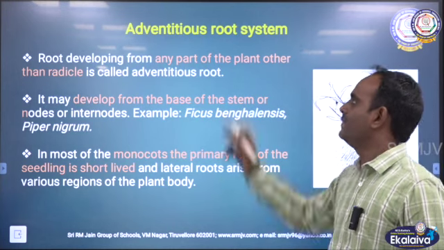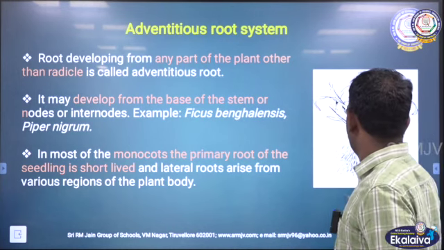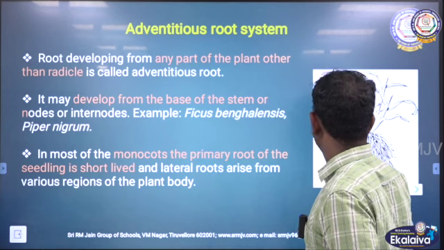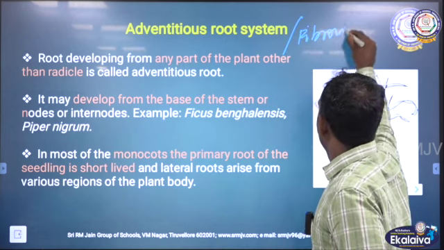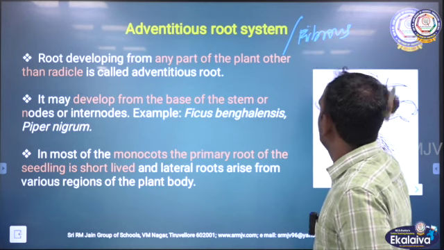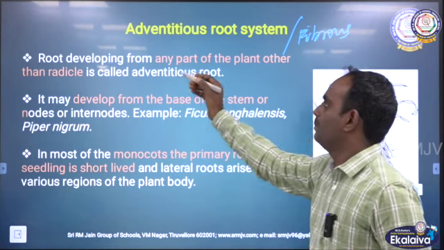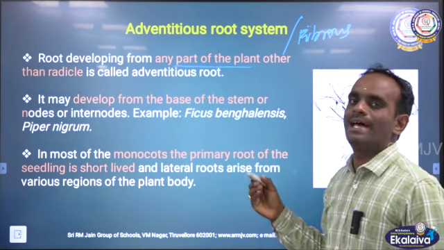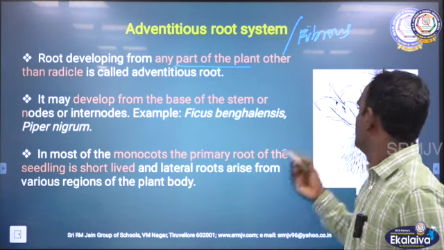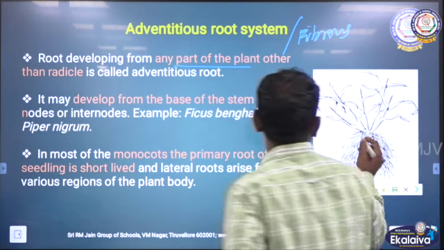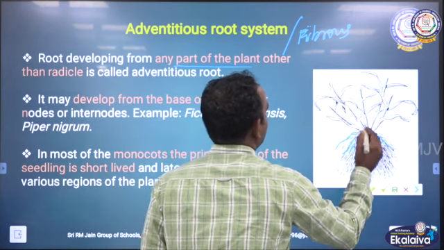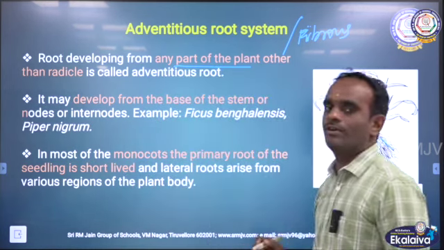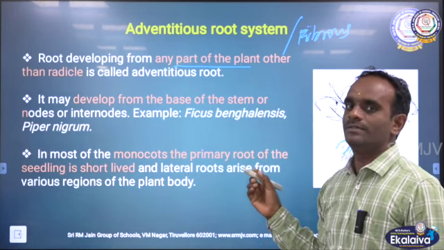The next one is adventitious root. Adventitious is also called fibrous. Okay. Root developing from any part of the plant body. That is, see here. Here the root is developed from any part of the plant other than the radicle, that is called a fibrous root. Okay.